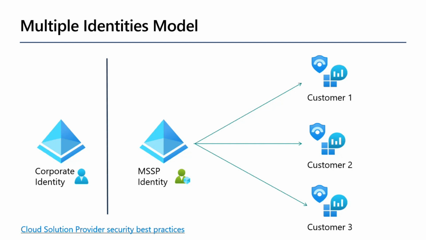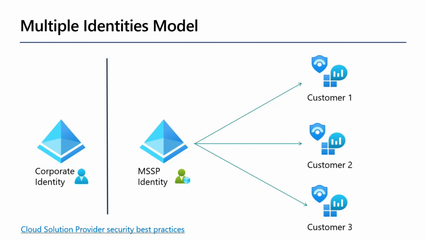And by the way, identity isolation, which is this model, is also one of the CSP security best practices, which I've actually linked here in the presentation. If you go through those CSP practices, you'll see that it talks about identity isolation and many other best practices, and it's a good source of how to make sure that you're secure in order to protect yourself and your customers.